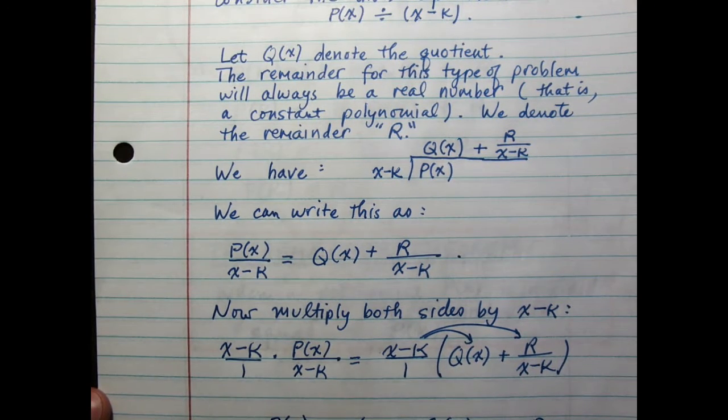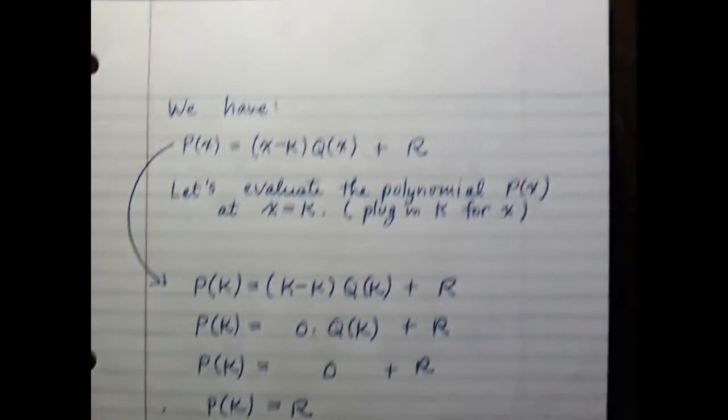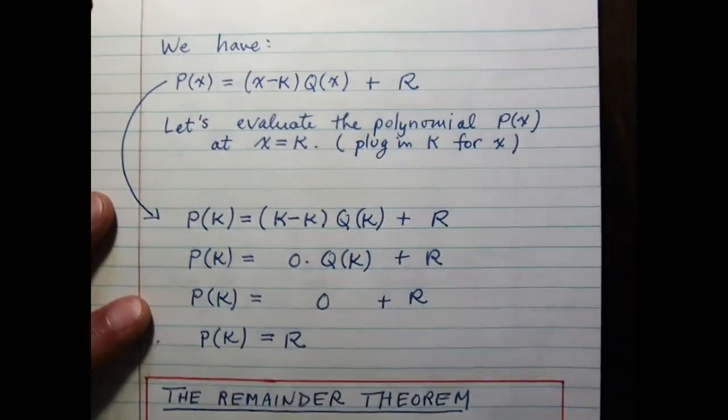And x minus k cancels on the left. We have to distribute it on the right, so it won't cancel when we multiply times a quotient, but it will cancel with the r over x minus k fraction. So we end up with this equation, p of x equals x minus k times q of x plus r. All right, now, next page.